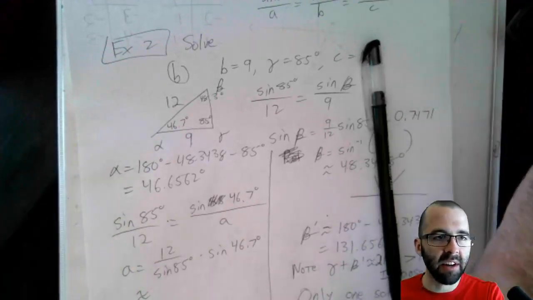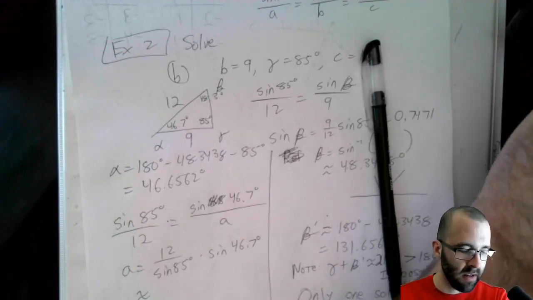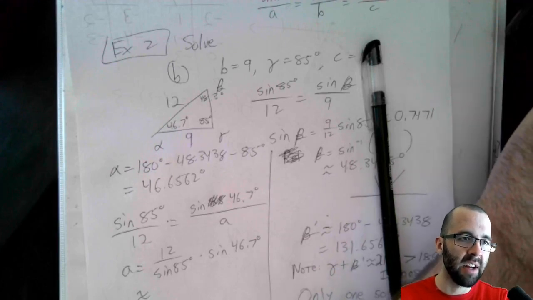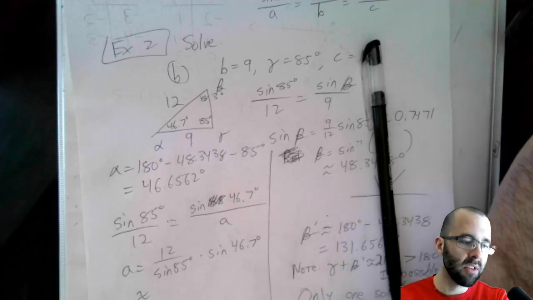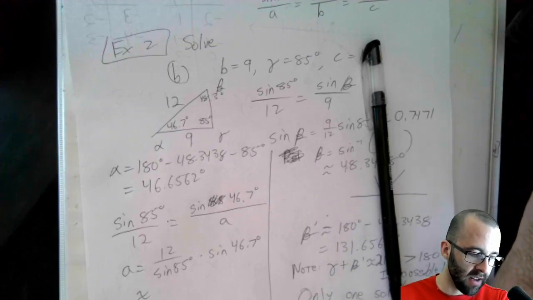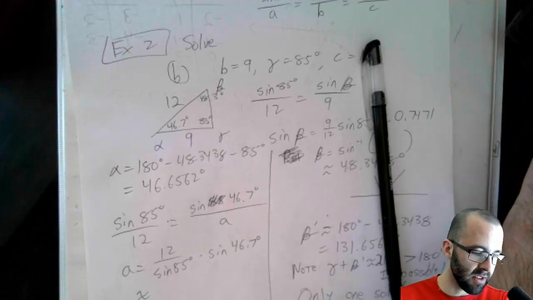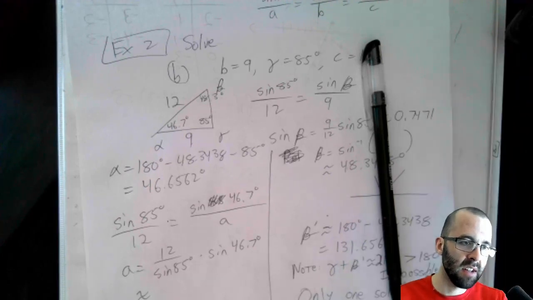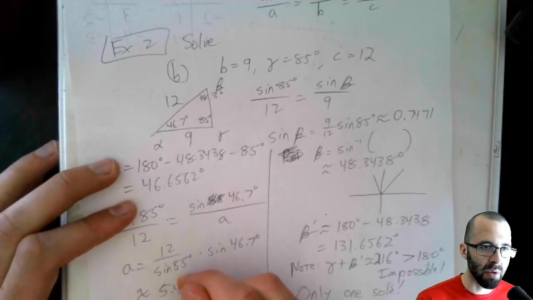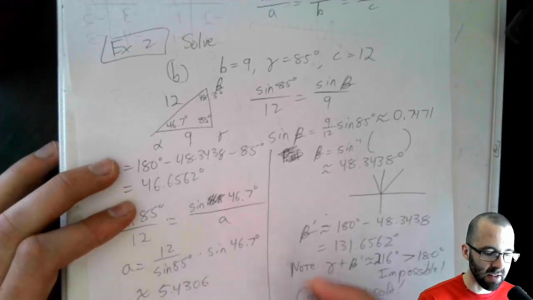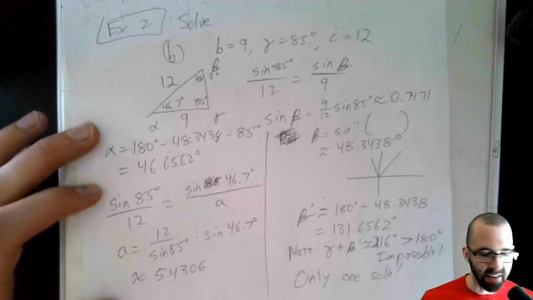So let's type that into our calculator. 12 divided by the sine of 85 degrees times the sine of 46.7 degrees. And again, it's a good idea to use more digits, 46.6562 degrees. You can get a little bit more accurate of an answer. You can get about 5.4306. This is our last side length.